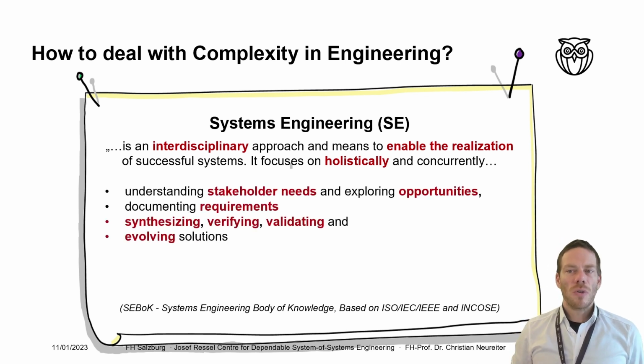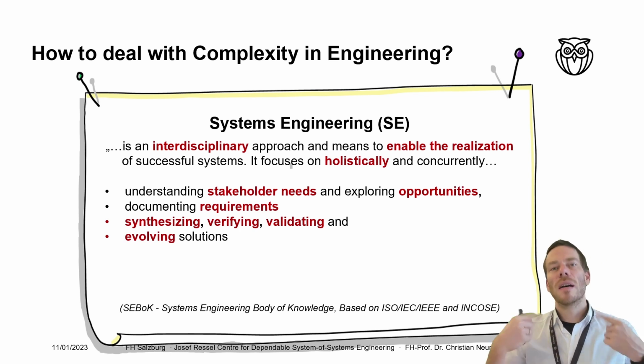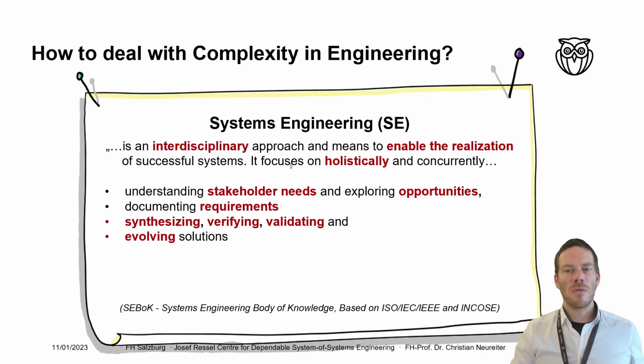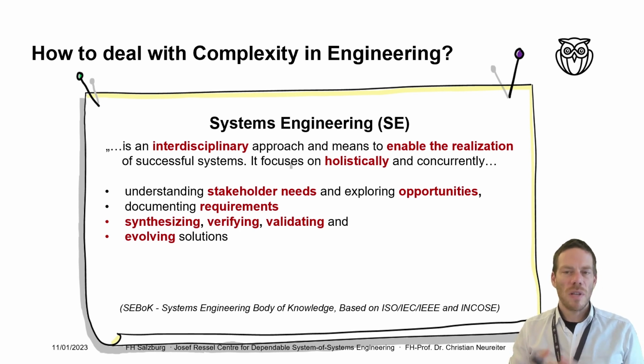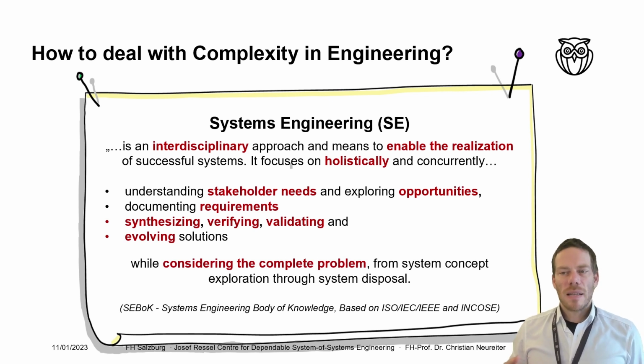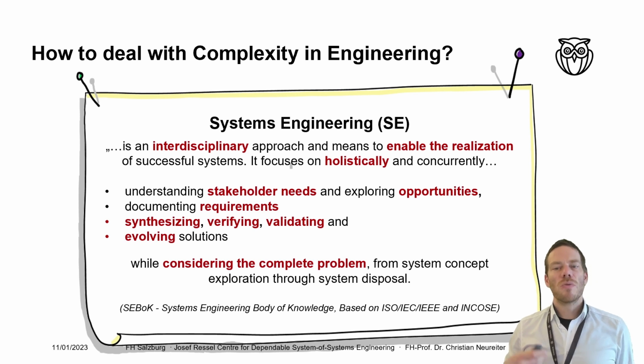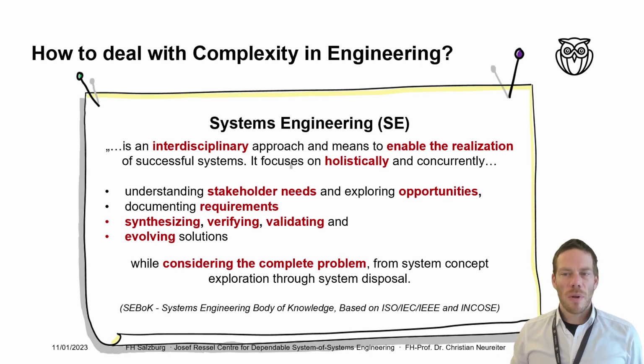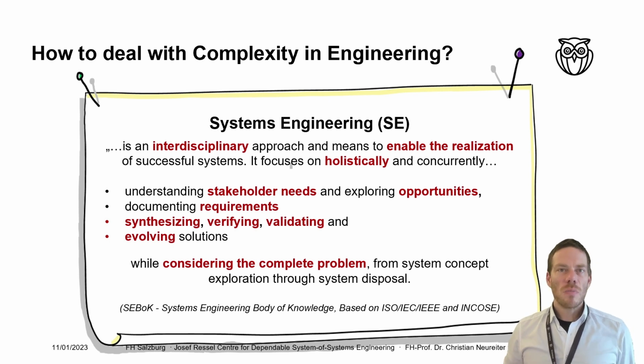It focuses on holistically and concurrently understanding the stakeholder needs and exploring opportunities, like understanding the goals before you find the solution, specifying requirements, synthesizing, verifying, validating, and evolving solutions. And to always apply a mindset like think bigger, which means to consider the complete problem before focusing on small solutions.